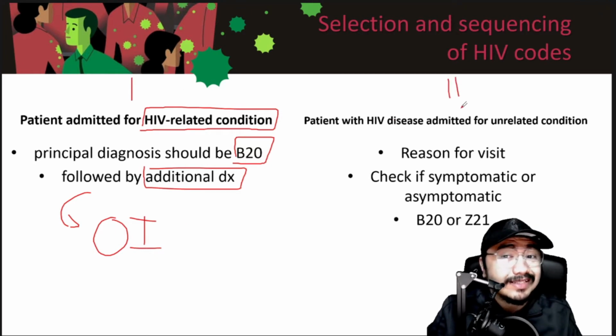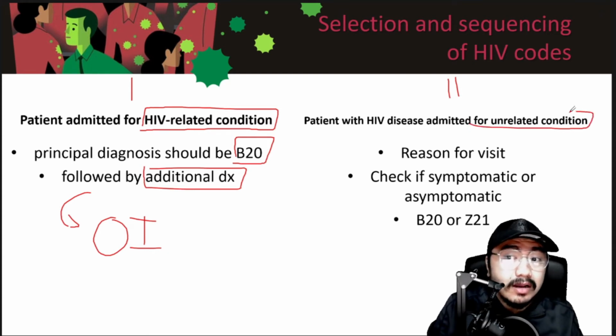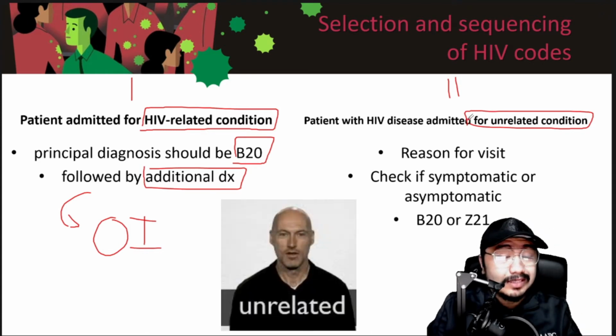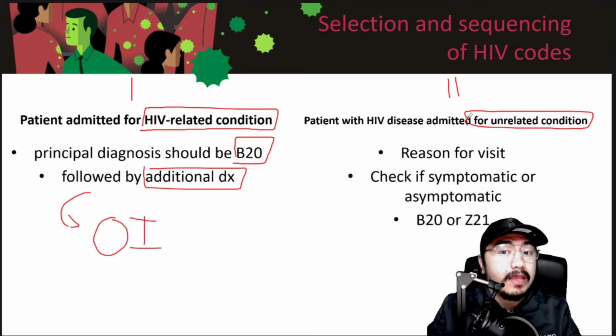The second scenario is if the patient is admitted for an unrelated condition. Let's say, for example, the patient is here because of a fracture. A fracture is not always related to HIV, unless stated otherwise by the doctor, but commonly it's not.